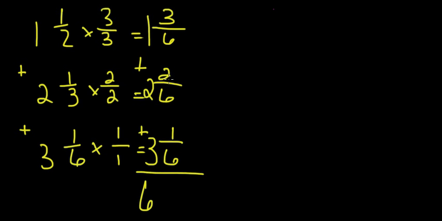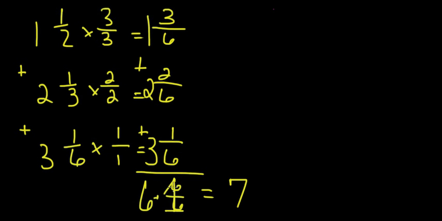And then what about my fraction? So this equals 6 also. 3 plus 2 plus 1 is 6. So I have 6 and 6/6. 6/6 is the same thing as saying 1, right? So I have 6 plus 1, which is 7. Would you all agree with that? Because this turns into a 1, and 6 and 1 is 7.